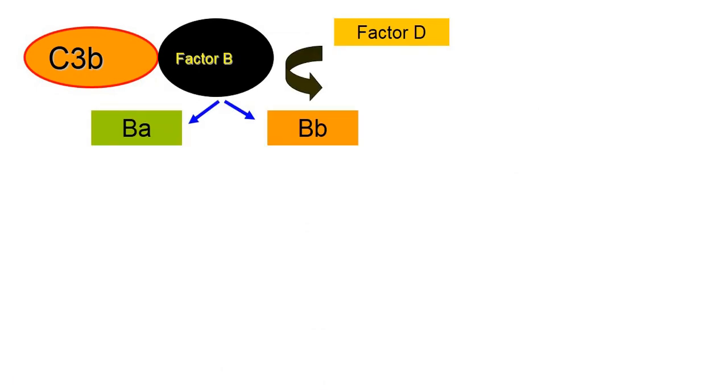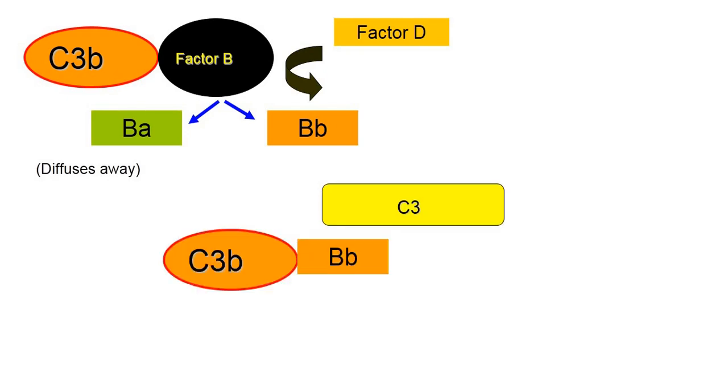Then we come to the next part. C3b is acted upon by factor B, factor D breaks it, some repetition, Ba and Bb, and Ba diffuses away. C3 acted upon by C3bBb is nothing but the C3 convertase. There are two C3 convertases, one is fluid phase C3 convertase, and this C3bBb is membrane bound C3 convertase.